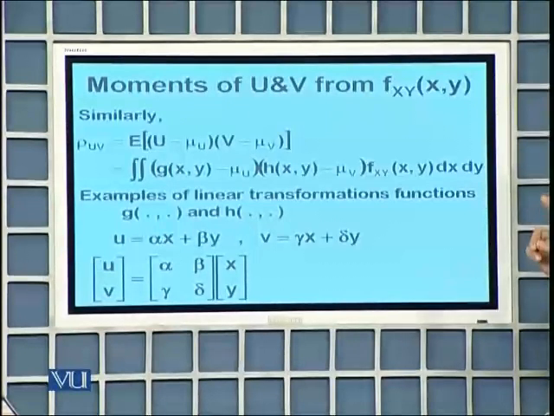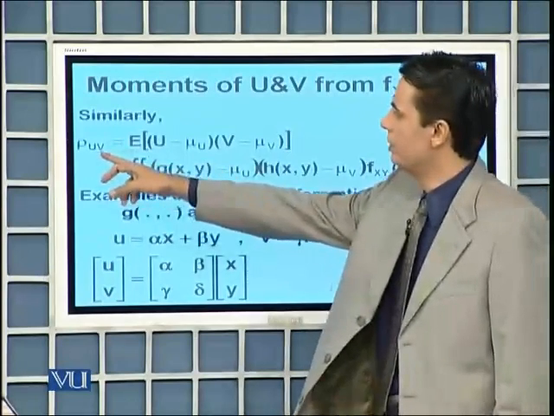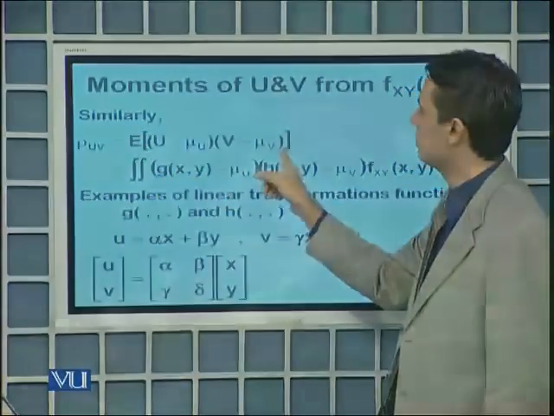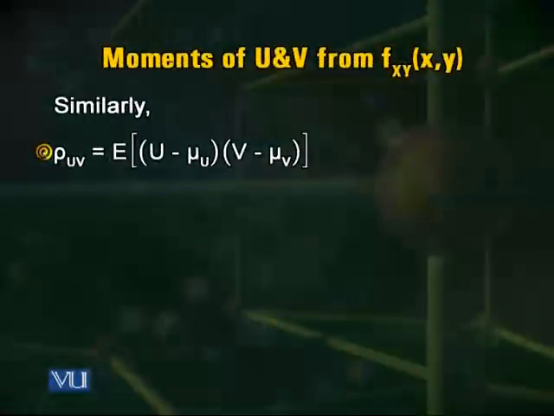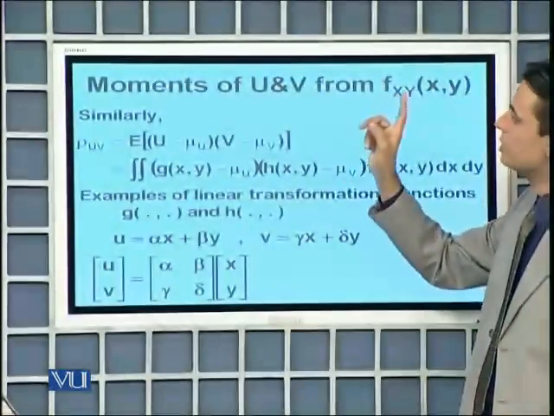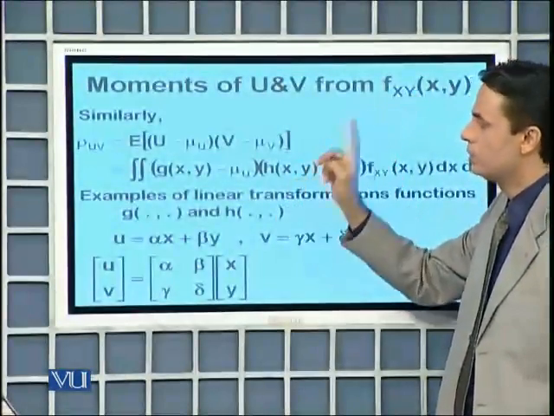So you want to find the covariance of u and v here, which is the expected value of multiplication of two expressions. The first is u minus mean value of u. The other is v minus mean value of v. If you multiply these two and take the expected value of that, you can do that if you use the joint PDF of u and v.